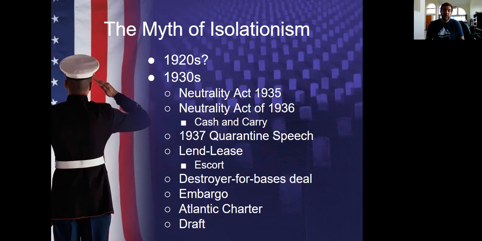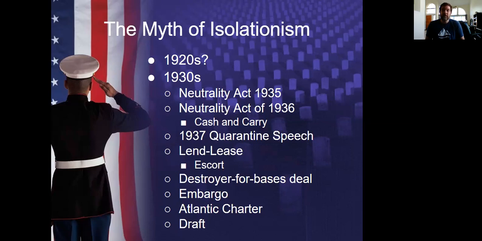And what you're going to find is that, although we have this idea that the United States is a neutral party and suddenly is attacked by Japan and brought into the war, there is this myth of 1930s isolationism. The United States does pass the Neutrality Act, but those quickly get amended by other neutrality acts.